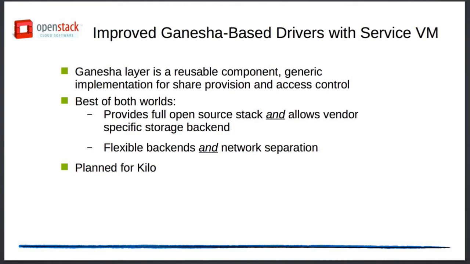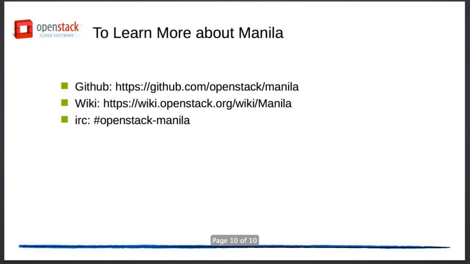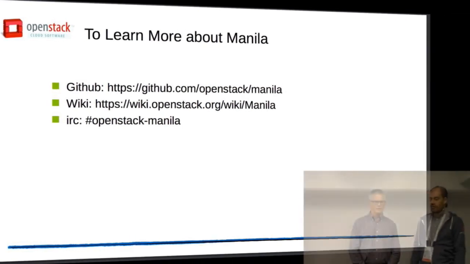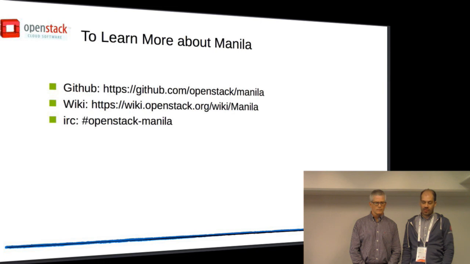At the Ganesha layer, for the developers who create drivers, it manifests as a reusable component that implements share provision and access control, and it's very easy to plug in to your driver to get those features with just a few lines of code. And we want to reach that point in the Kilo time frame. So that's what we want to tell you about.